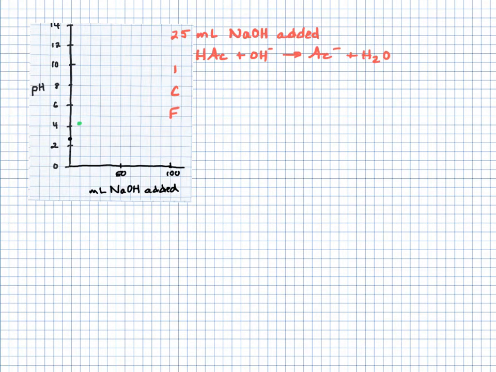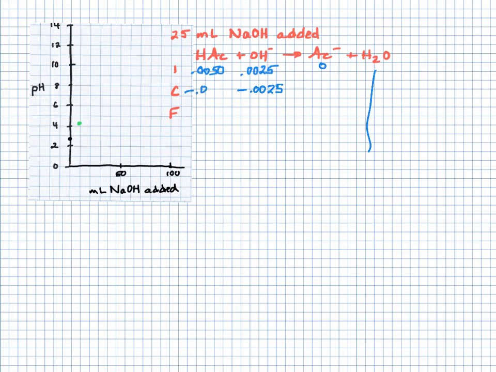Now I've added 25 milliliters of NaOH. Okay, so this isn't going to change, 0.005 of the acetic acid, but now this is going to be 0.0025, right? 0.1 molar times 0.025 liters. None, don't care. You can see you'll run out of this first.